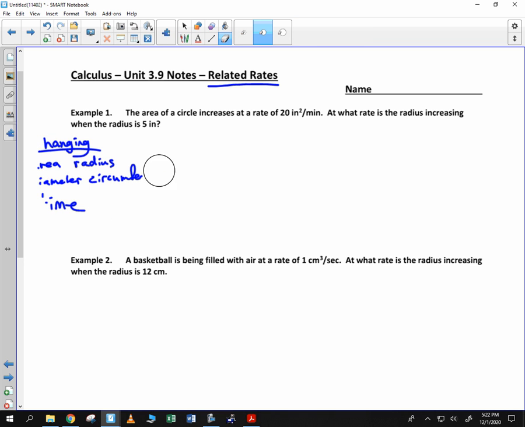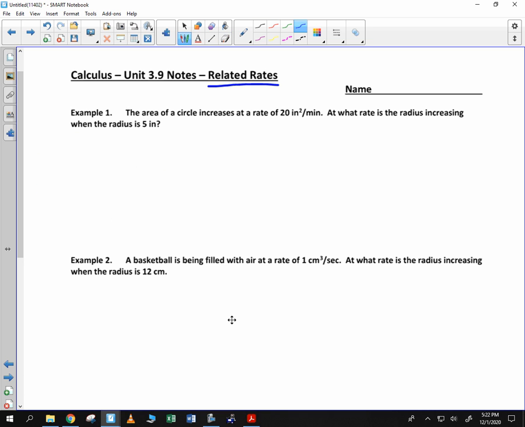And so what we're going to do is take the derivative with respect to time. Now notice before, when we took the derivative with respect to x of, say, x cubed, that gave us 3x squared.